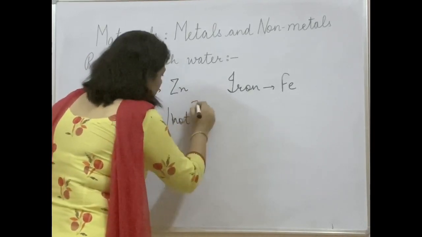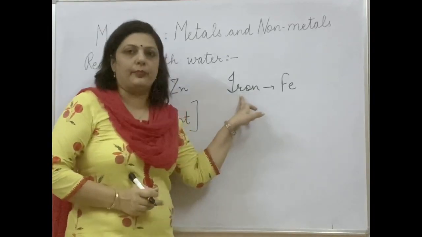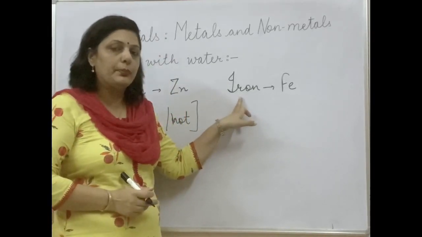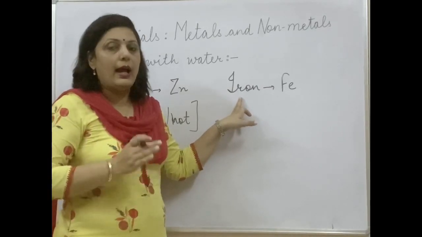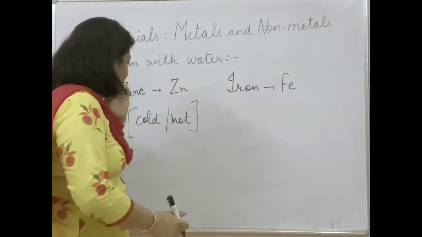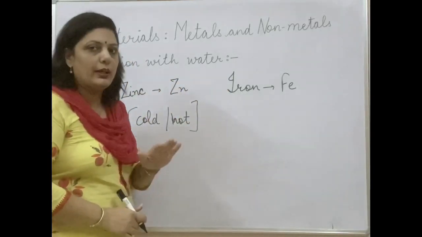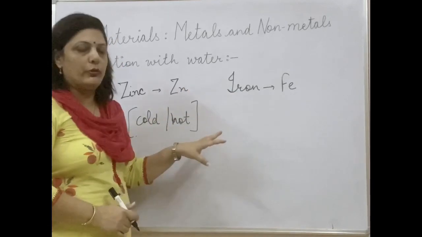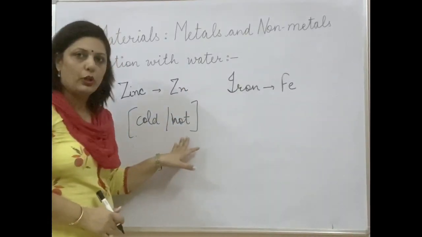Still you might notice that iron is rusting. Iron is rusting because of the presence of water, and oxygen should also be present there, and it is a very slow process. Here I am just talking about how it reacts straight away with water. If there is just water present, how will it behave? It will not react with cold water, and will not react with hot water.